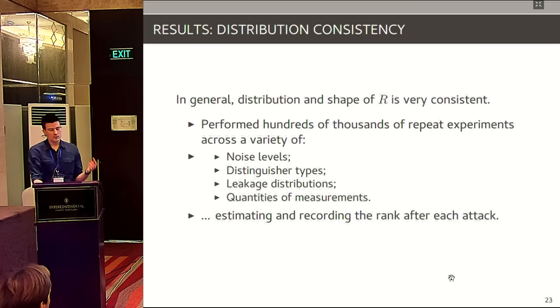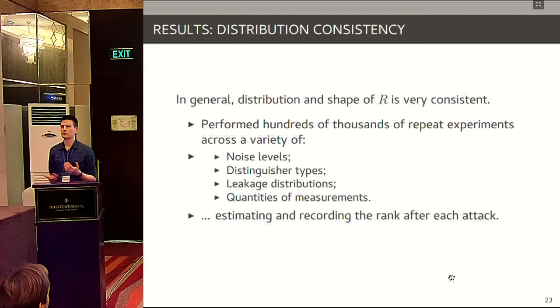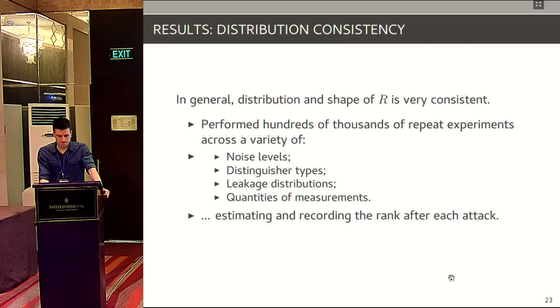Okay, so the first thing we did was run hundreds of thousands of millions of attacks on our university computing cluster, and we varied everything from noise levels, attack strategies, numbers of measurements, and so on. The interesting thing we found was that the distribution of this rank doesn't really change; it is independent of all these things.